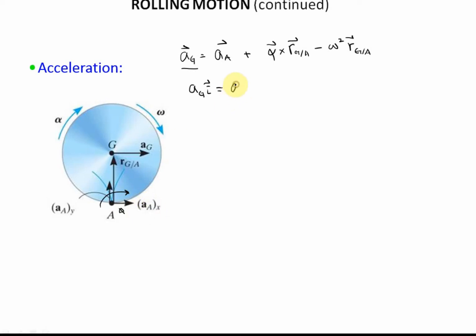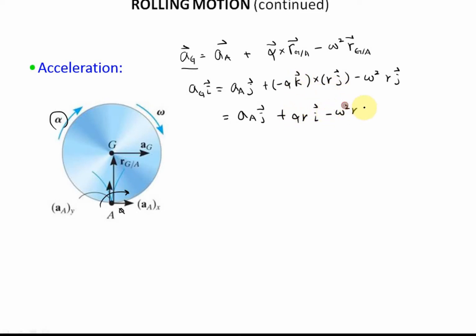So A has only a y component of acceleration, and the alpha is clockwise, so this is negative alpha k, cross r vector j, and omega square r j vector. The cross product of j and k gives I, and this is omega square r j.